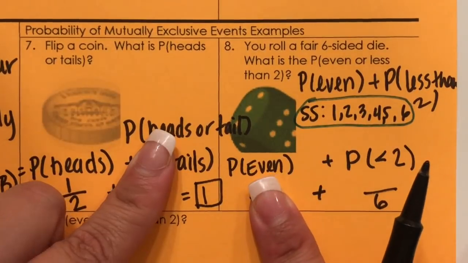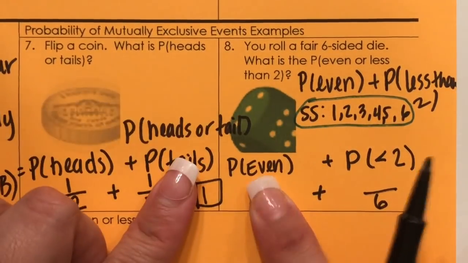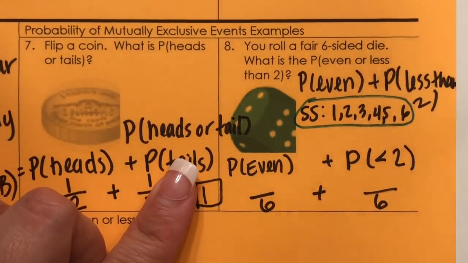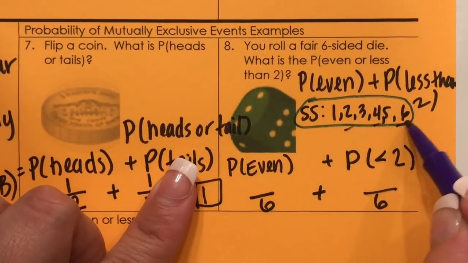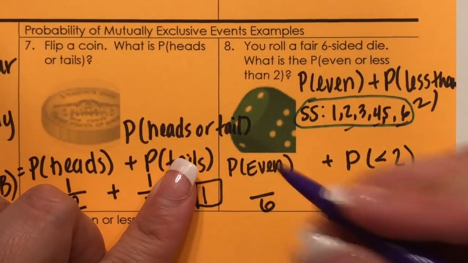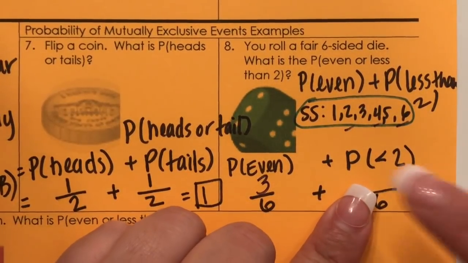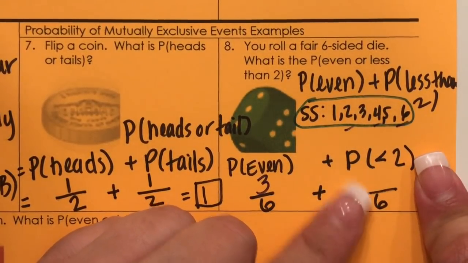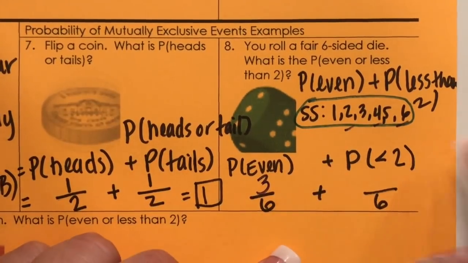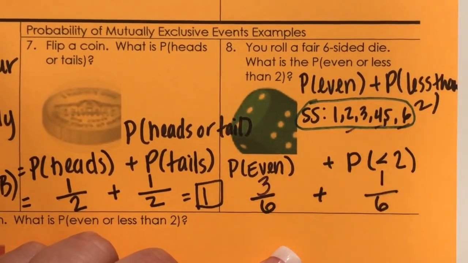For the possibility of rolling an even number, we have to look at our even numbers, and I have 2, 4, and 6. So I have 3 over 6. The possibility of rolling less than a 2, well, the only number less than a 2 is a 1, so I have 1 over 6.